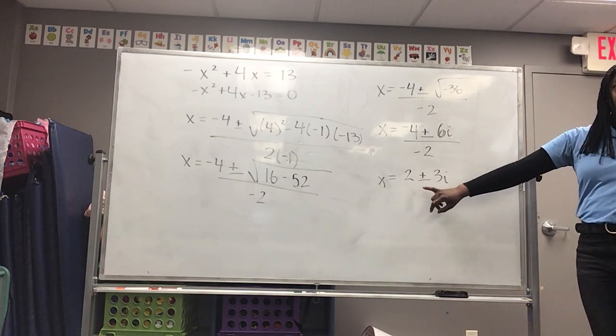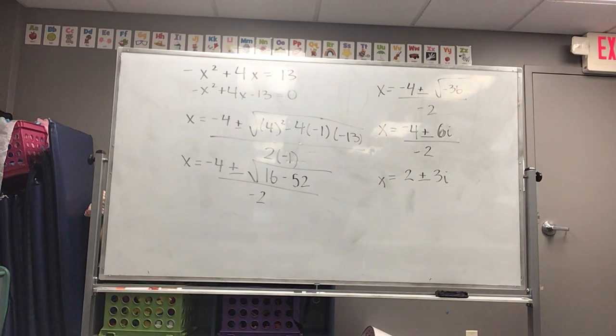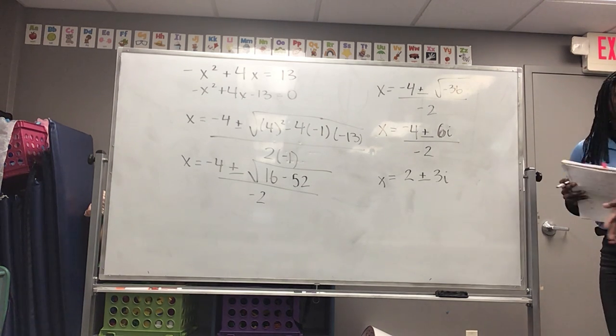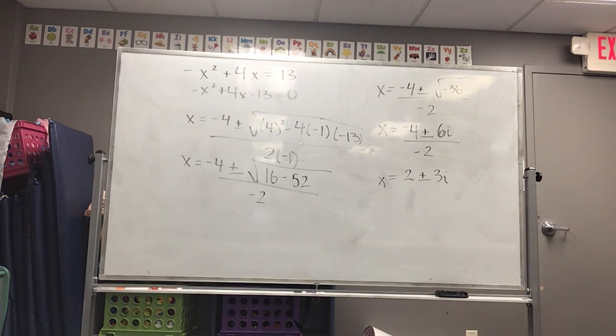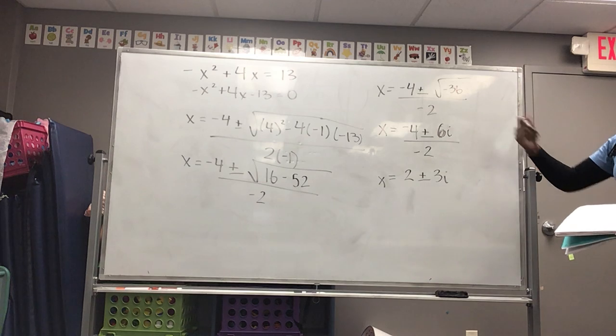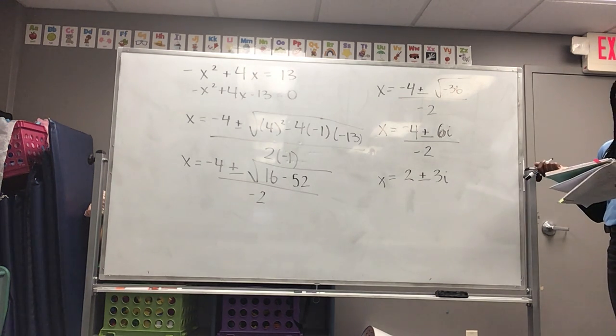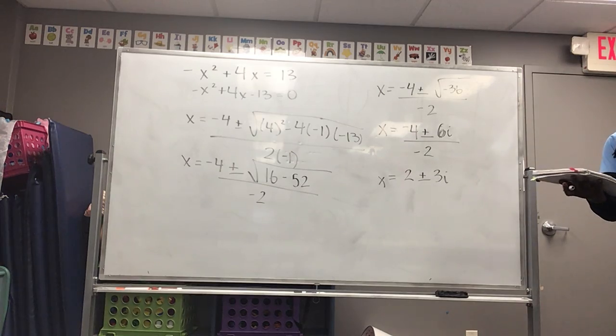Oh, because it's already the plus or minus there, we just leave it as 3i. And so this would be an equation with an imaginary solution. So if we think back to our graphs, if we graph it, it wouldn't cross the x-axis. But this is a way to solve one of those with the quadratic formula. Okay.